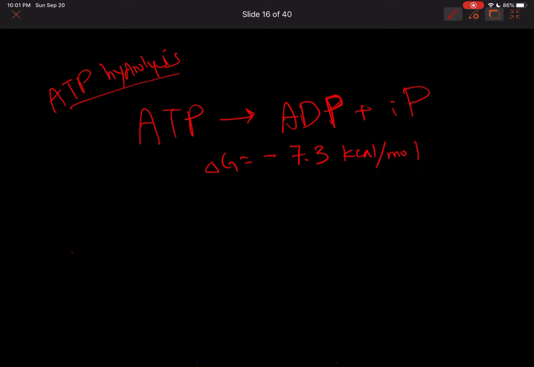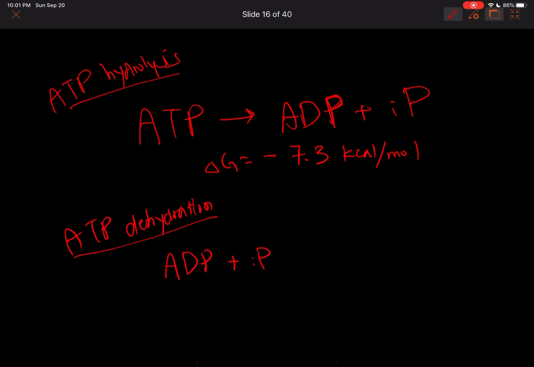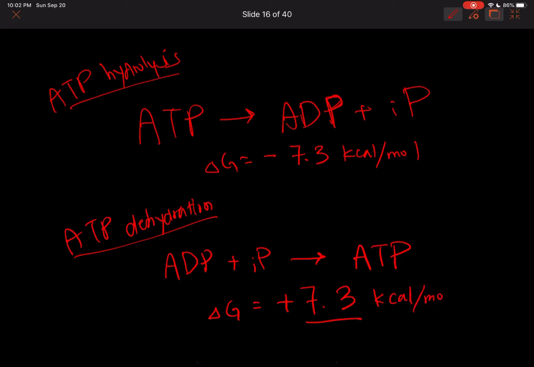Okay, and the ATP dehydration reaction is ADP plus inorganic phosphate turning back into your molecule of ATP, and this reaction is an endergonic reaction which requires the exact same amount, 7.3 kilocalories per mole of energy, in order for us to make this molecule of ATP. Okay, so this is an endergonic reaction. This is an exergonic reaction.